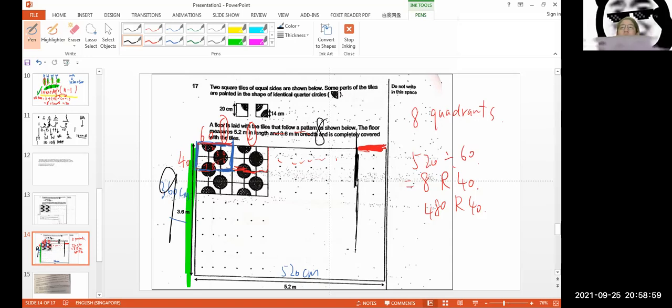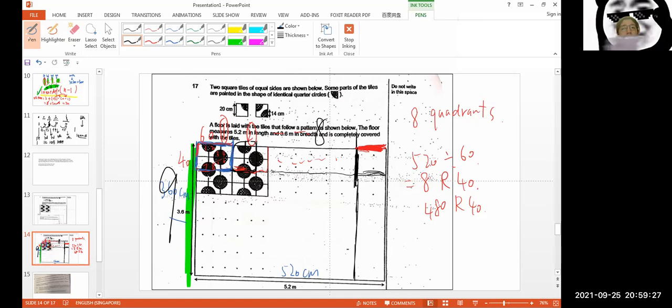What are you going to get? Let me just continue. For 40 cm, this is 20, this is 40, so you will take care of 40 cm later on.